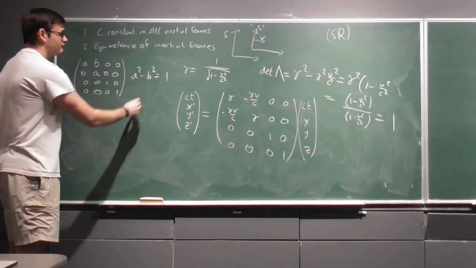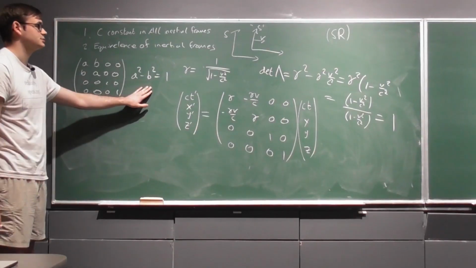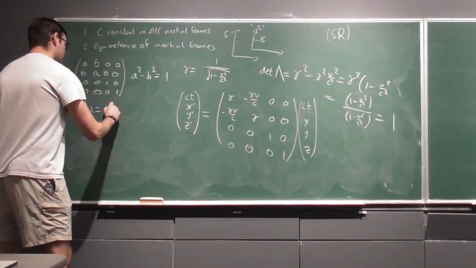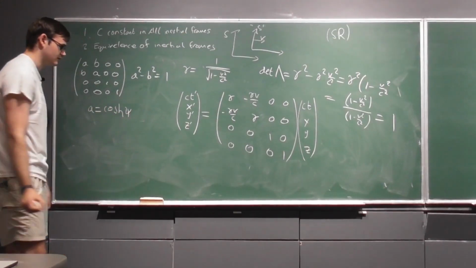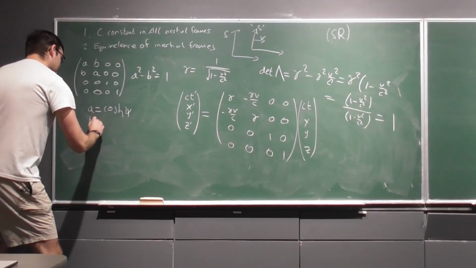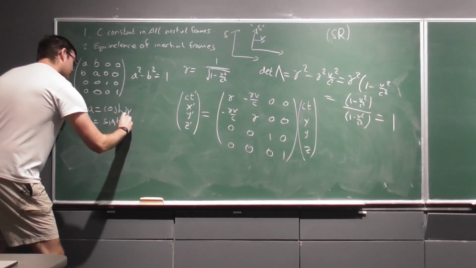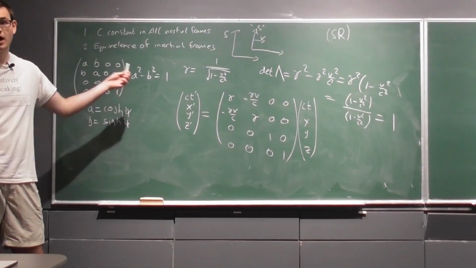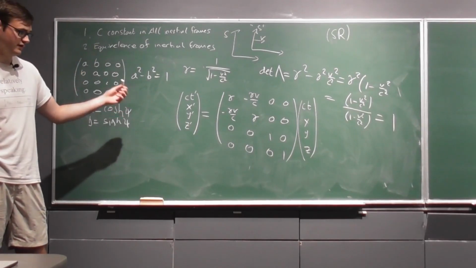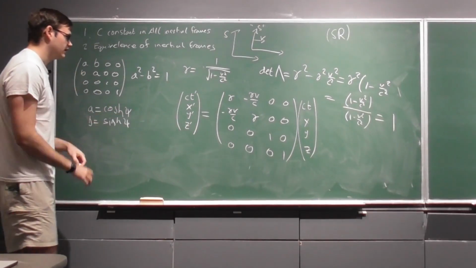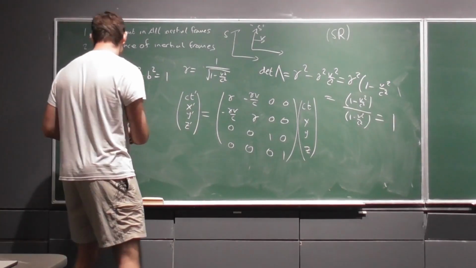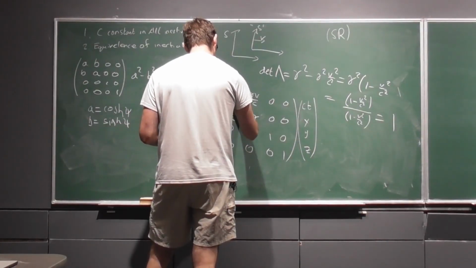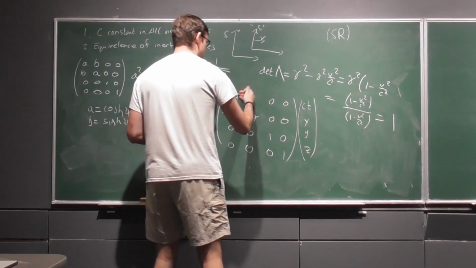Whenever we see an equation like this, we're very tempted to parameterize it by the hyperbolic functions. So I can let A equal cosh of some parameter we're going to call psi, and B equals sinh of that. I'm doing this because cosh and sinh are going to look very similar to the cos and sine of the angle theta I had earlier. Okay, so let me write this in. We said A, which is our gamma, is cosh psi. This is sinh.